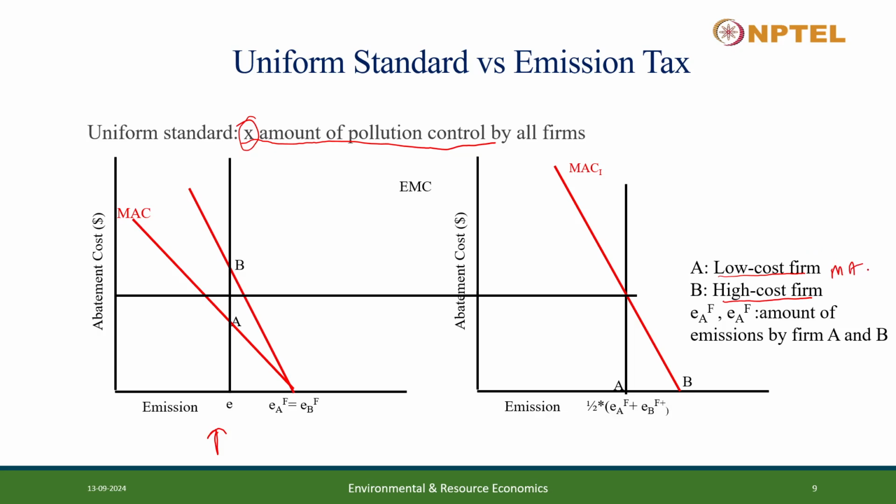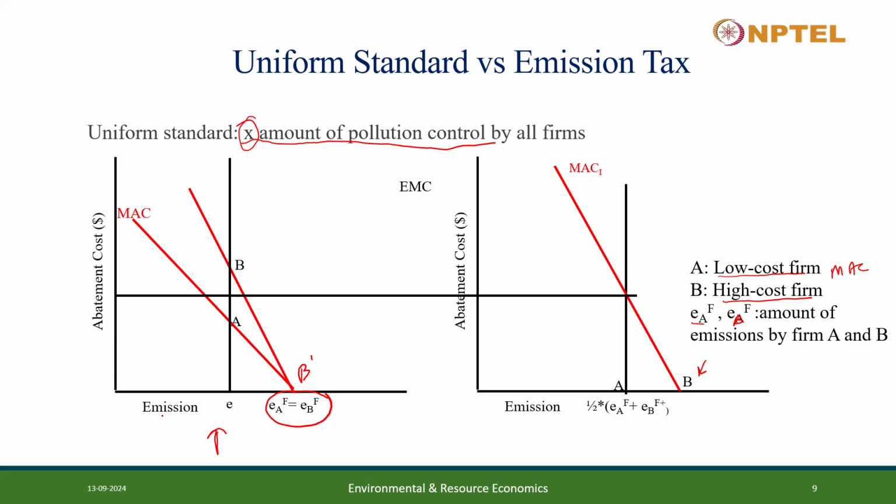EA and EB are the amount of emission by firm A and firm B respectively. So this is the amount of pollution which both the firm does, at point B, or B dash.